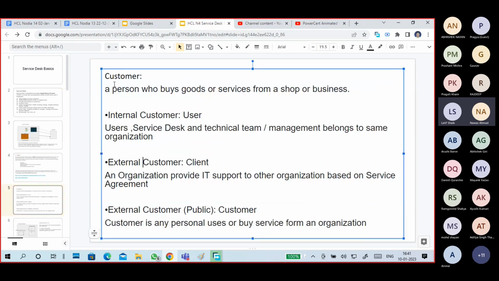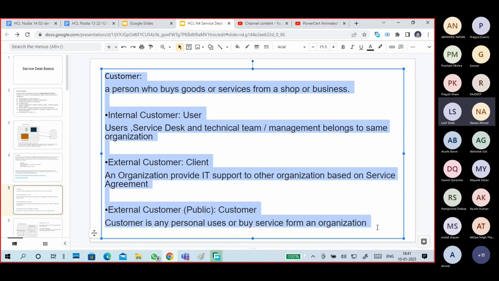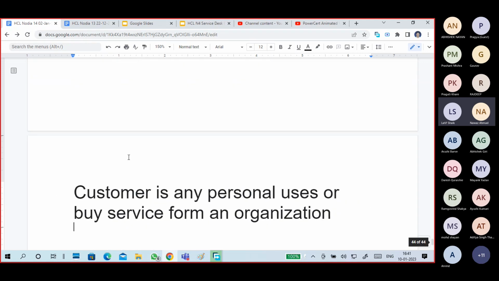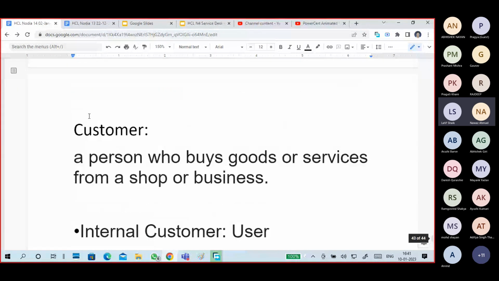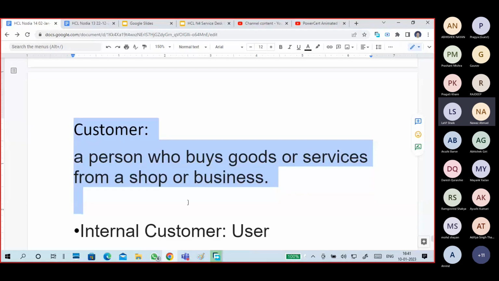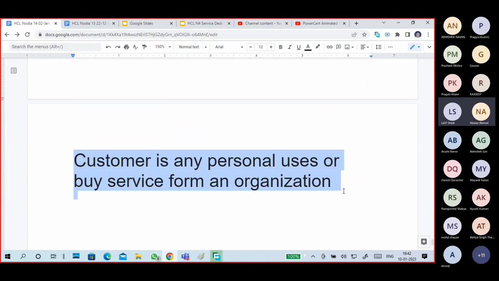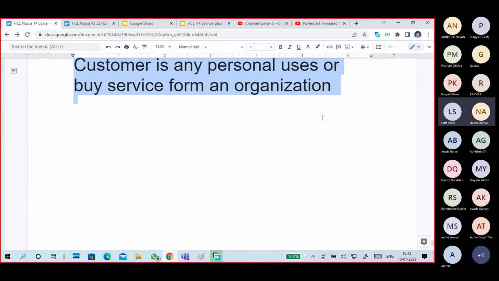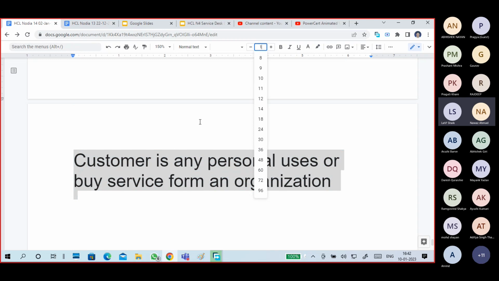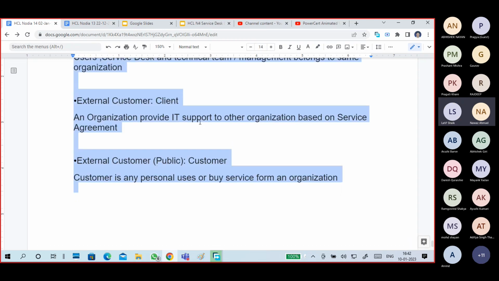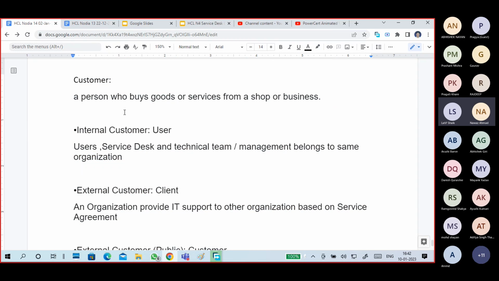The point here is the customer. Why am I telling about the customer at the start? Because when people hear about a service desk, they think of the olden days' call centers, where people would ask, where is my mouse, where is my computer.